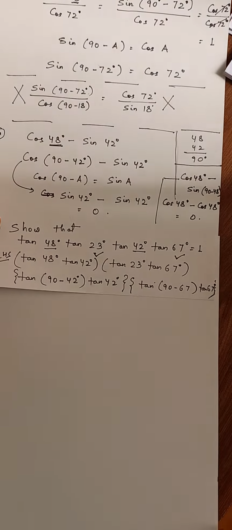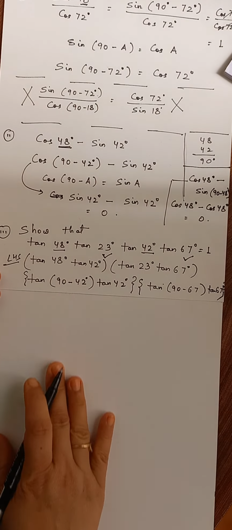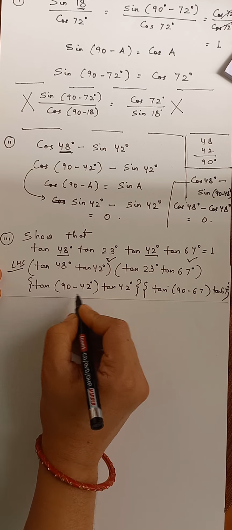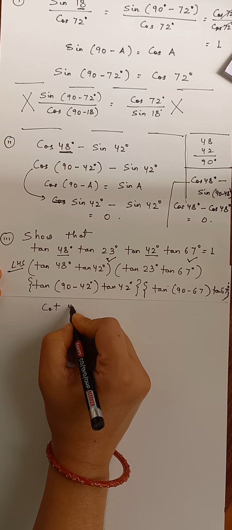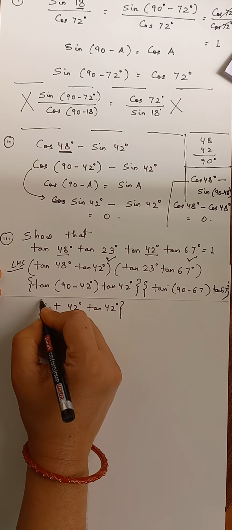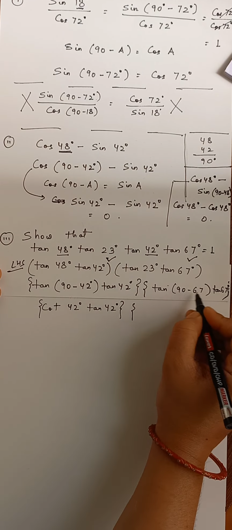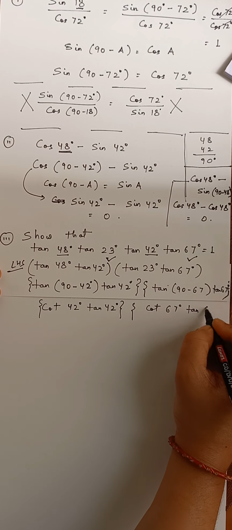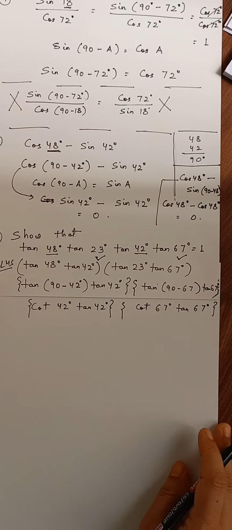Now moving ahead, since tan 90 minus A is equal to cot A, tan 90 minus 42 will become cot 42, and this tan 42 degree remains the same. Here also tan 90 minus A becomes cot A, and then tan 67 degree remains the same.